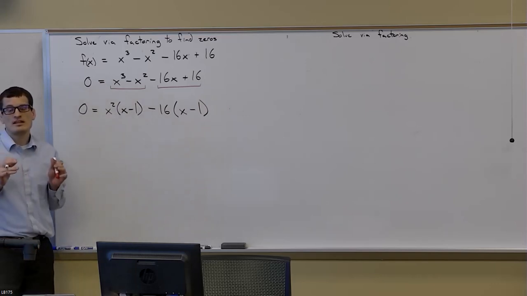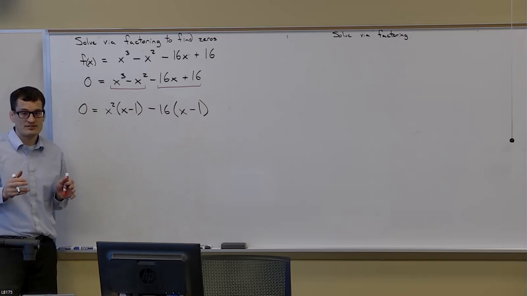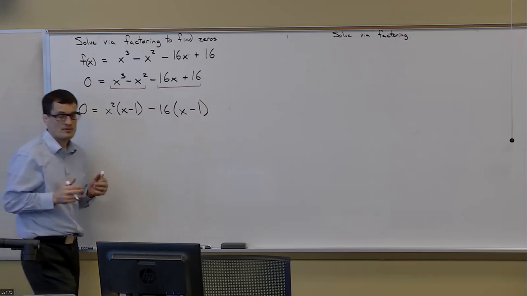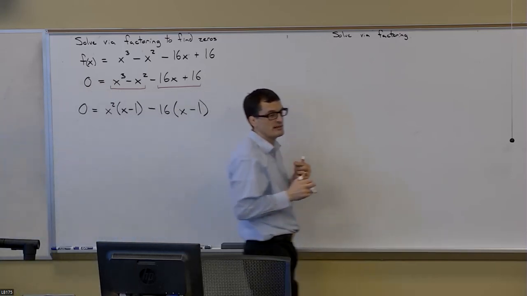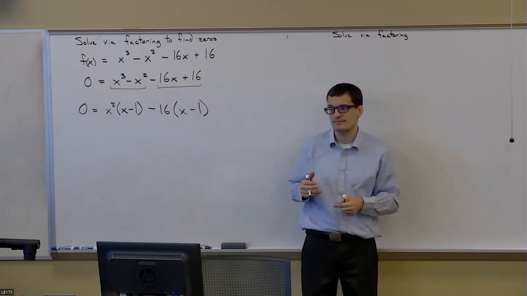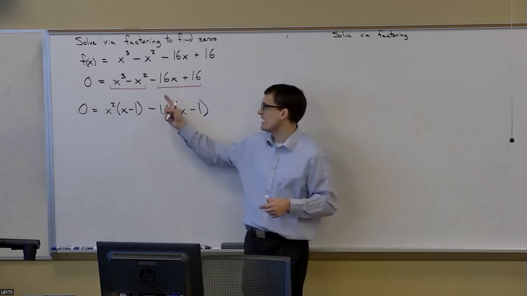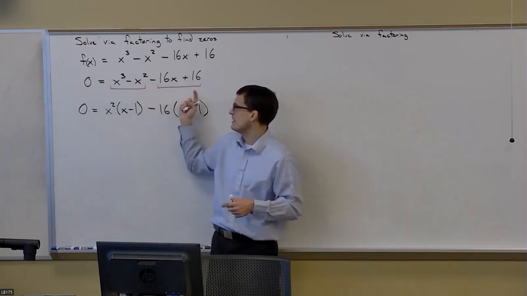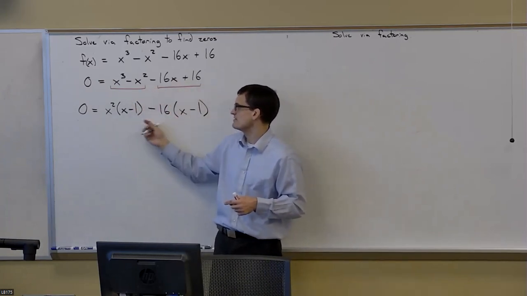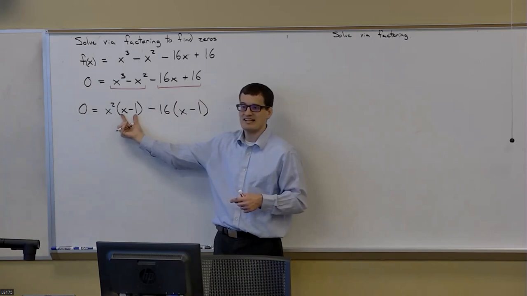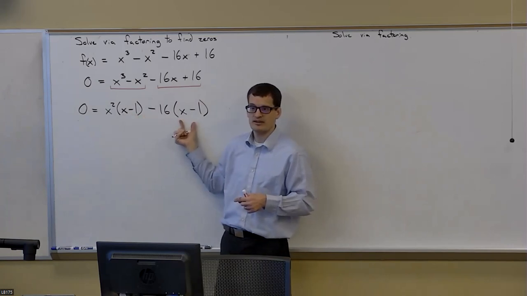Now this is the really unique case in which I can keep going. Because when I factored out the first two, and when I factored out of the second two, I got the exact same parentheses right here.